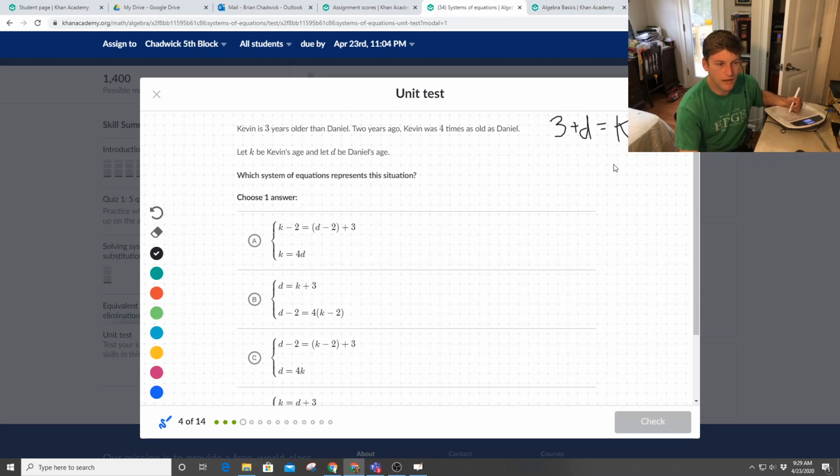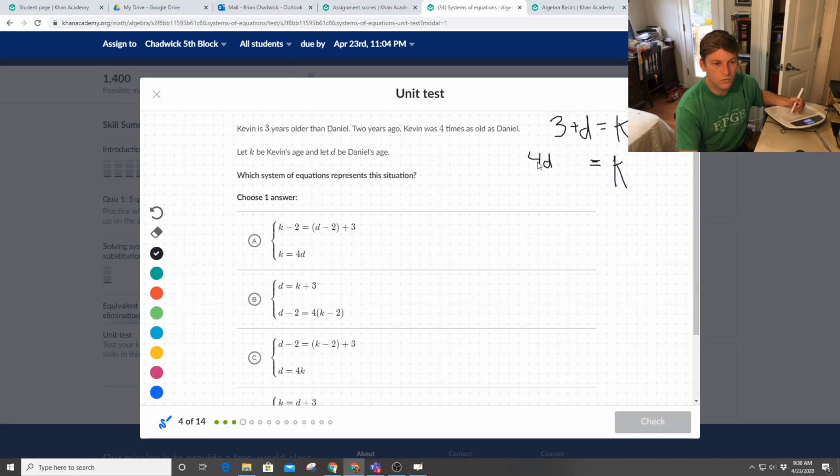So how would I write that? Kevin was 4 times as old as Daniel. So should I do 2 years ago, should I subtract 2 years from that? Or should I do 2 minus 4D? What do you think? I'm trying to see it in my head. 2 minus 4D, 2 years ago.